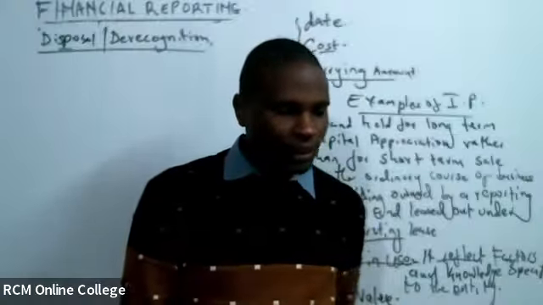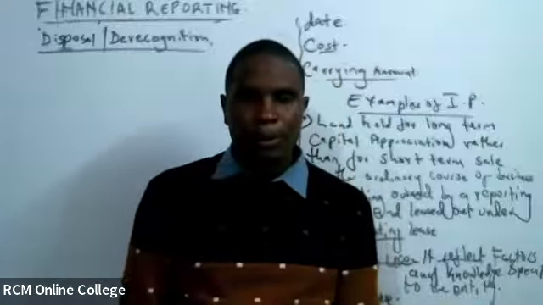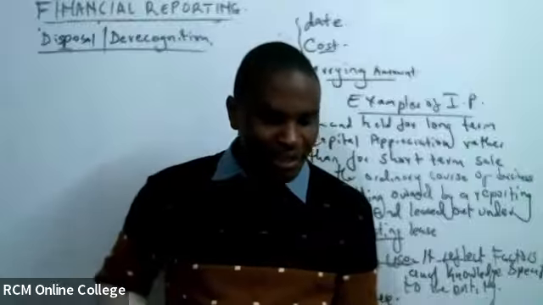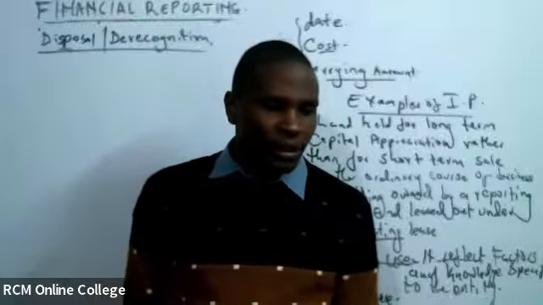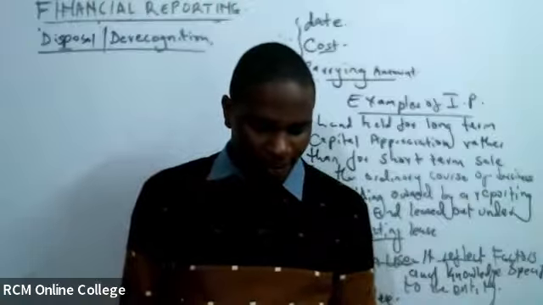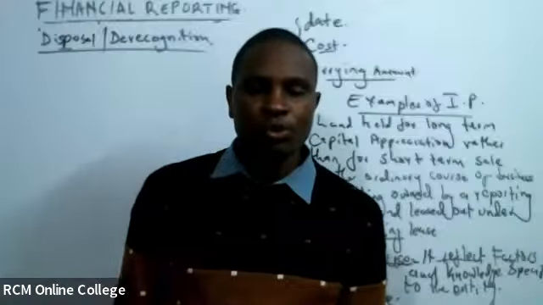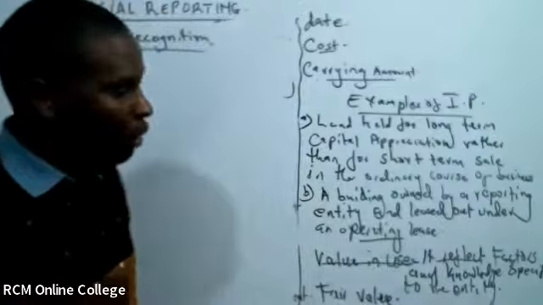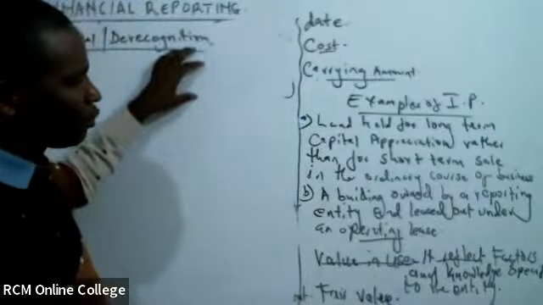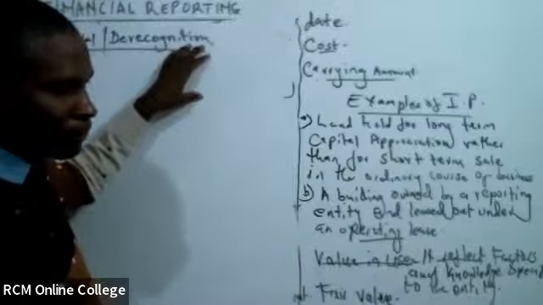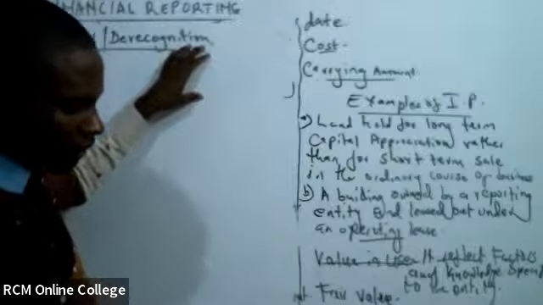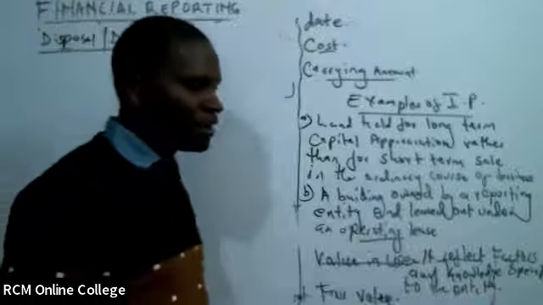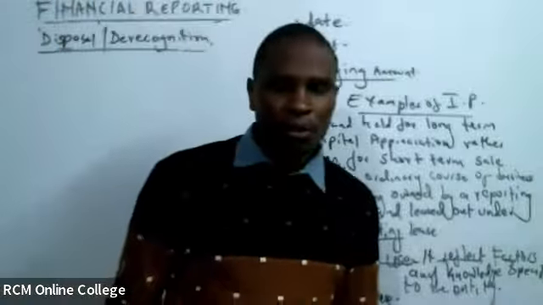Any gain or loss on disposal is the difference between the net disposal proceeds and the carrying amount. So you look at the carrying amount or the net book value of that investment property, and then you look at the net disposal proceeds. The difference there is either gain or loss.